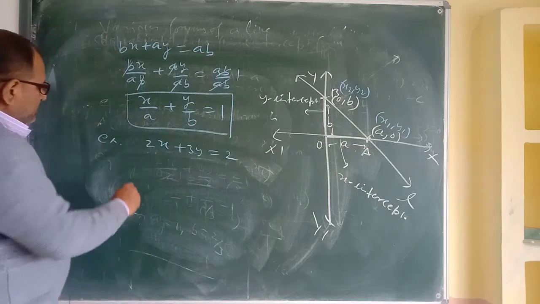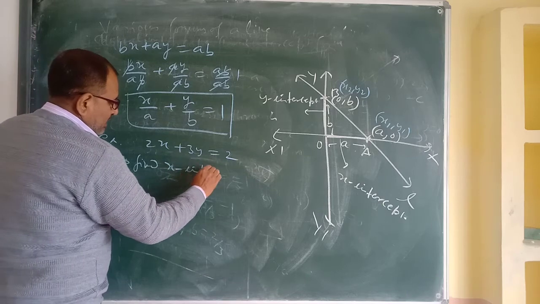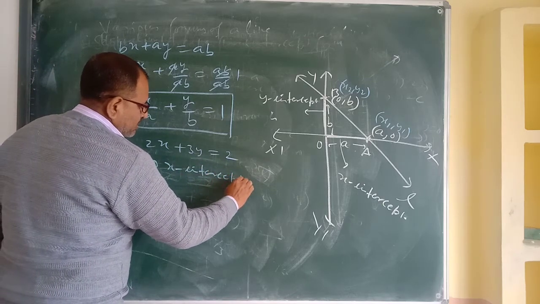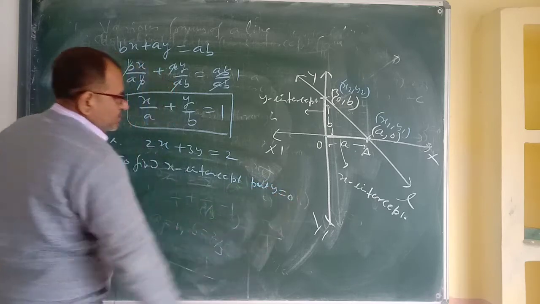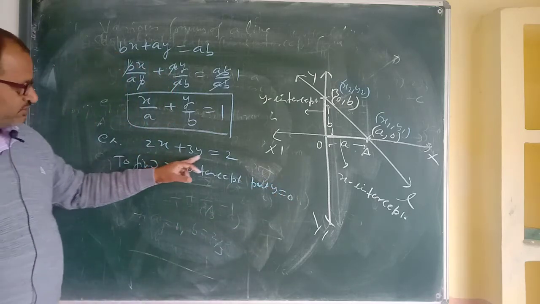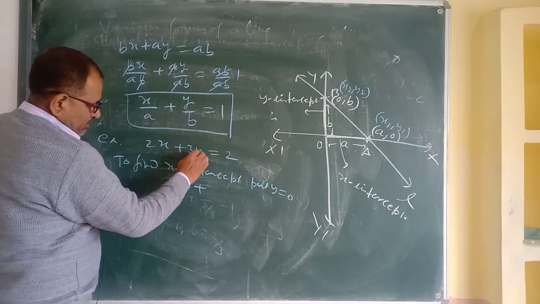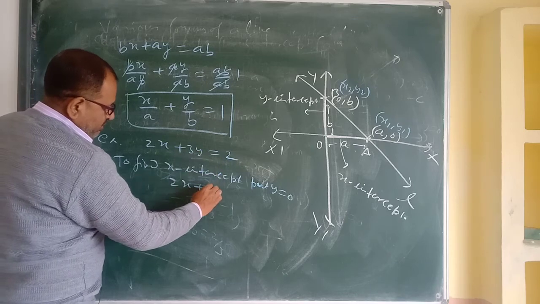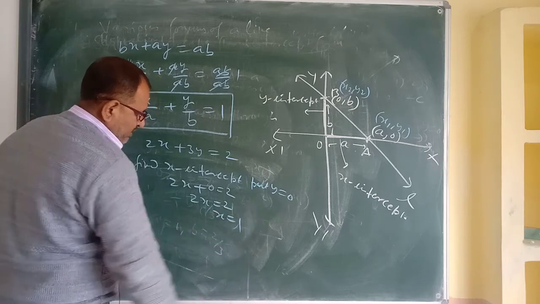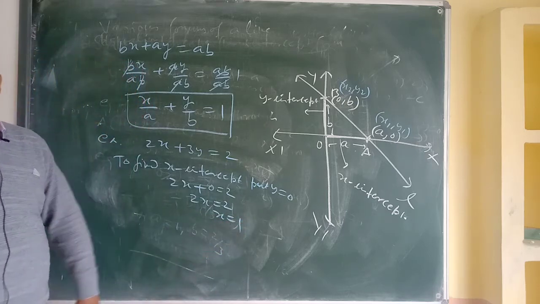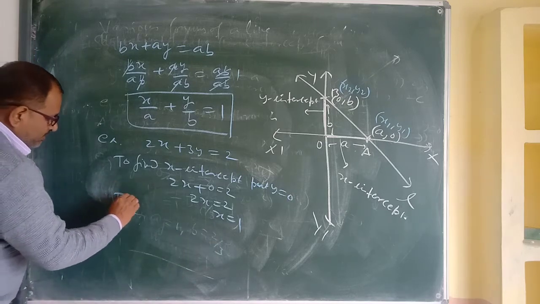So to find the x-intercept, we put y equal to 0 in the given equation. So 2x plus 3 into 0, 0, is equal to 2. So 2x is equal to 2. What will be x? 2 upon 2, 1. So the value of x will give the x-intercept. It is 1.